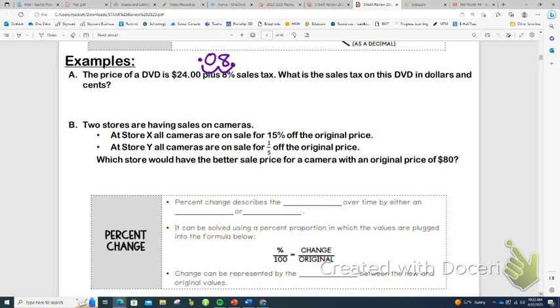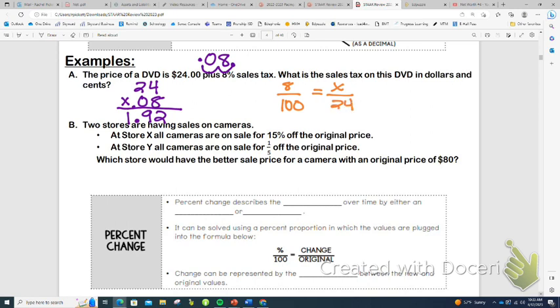So we could solve this question by doing 24 times 0.08, and that's going to give us 1.92. If you don't like the multiplication version, you also could set up a proportion where we put our percent, 8, over 100, because percents are always over 100, and set that equal to x over 24.